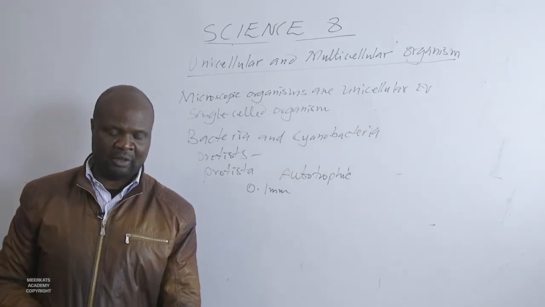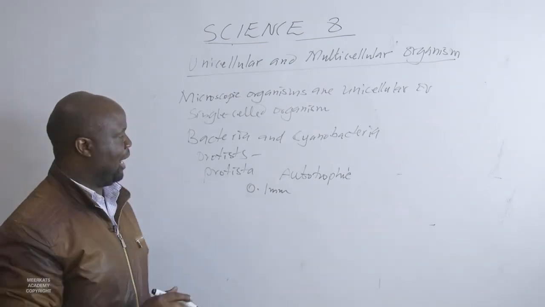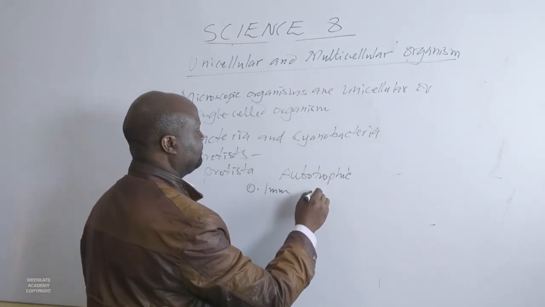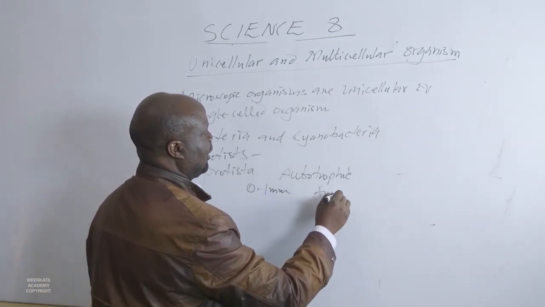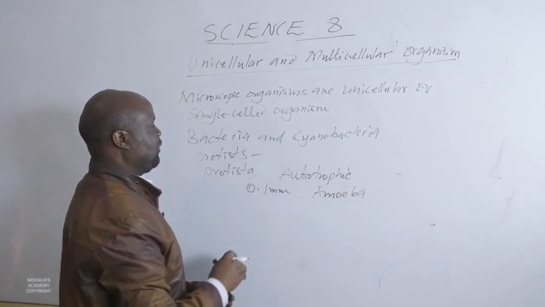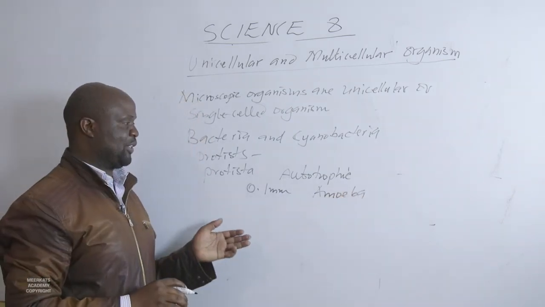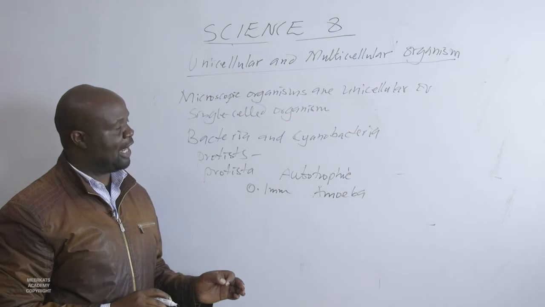They include our friend amoeba. We have the amoeba, which falls into this category of protista. They are unicellular animals.